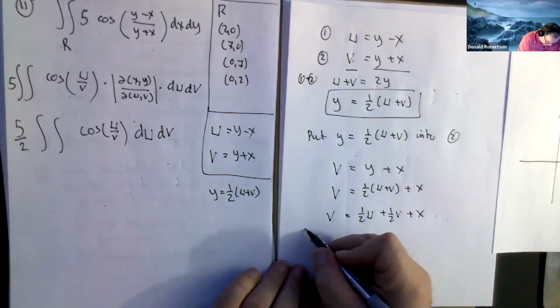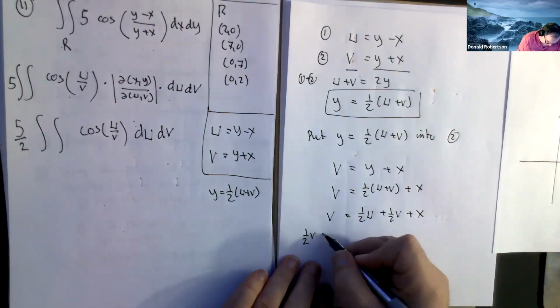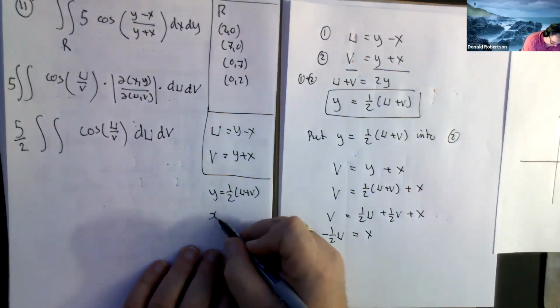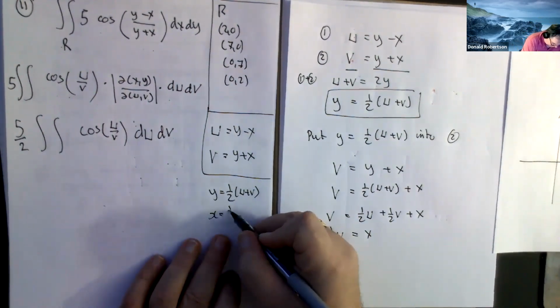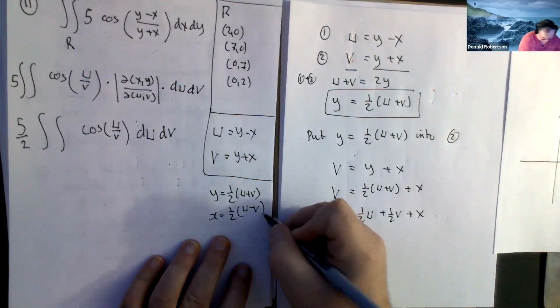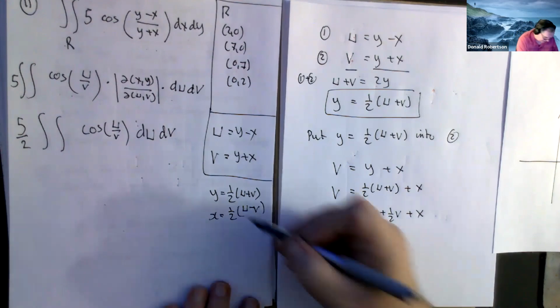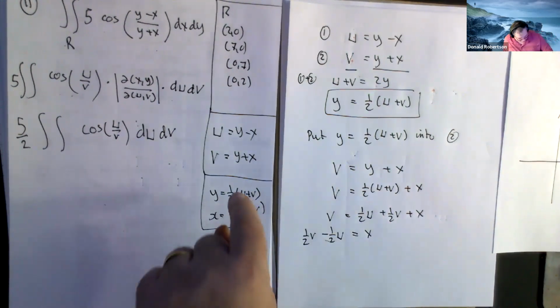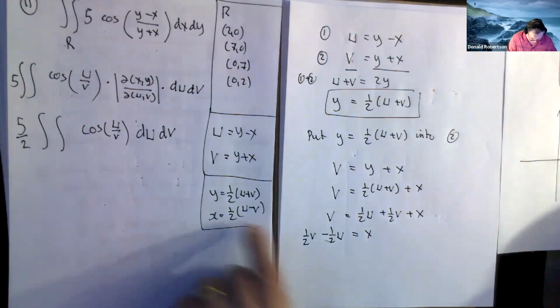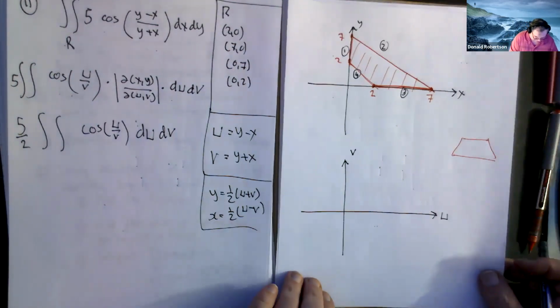Take away 1/2 v from both sides, and take away 1/2 u from both sides, and now we have x. I'll pull out the half as the common factor, and you get that. In fact, if I had used that, I could have got the Jacobian, a half, just by doing it the normal way around. So at least I've got that to work with.